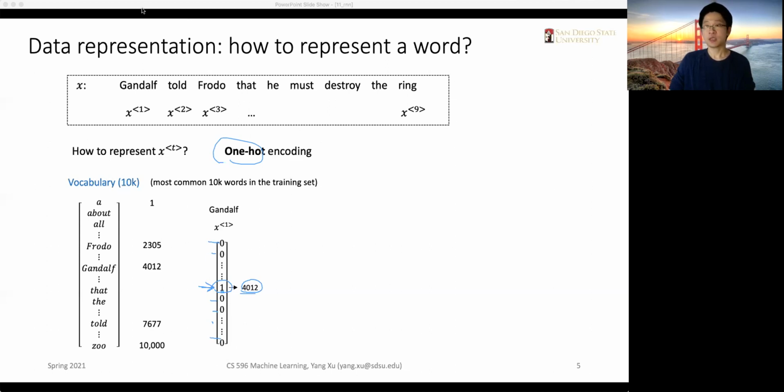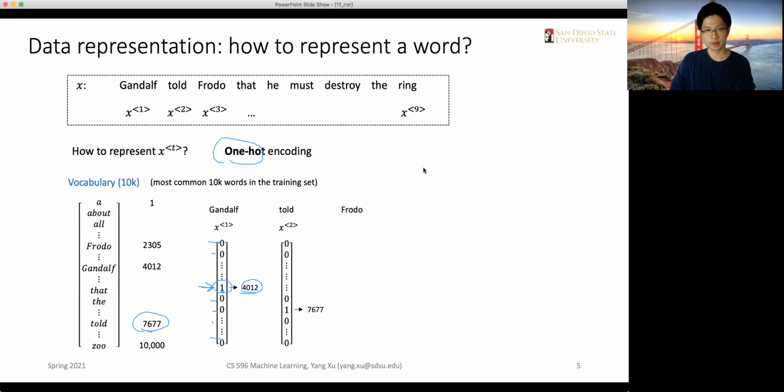Similarly, we do that for the word toad. Toad will also be represented by a long vector with all zeros except for the 7,677th place, because the index for the word toad is that number according to the way we construct our vocabulary.